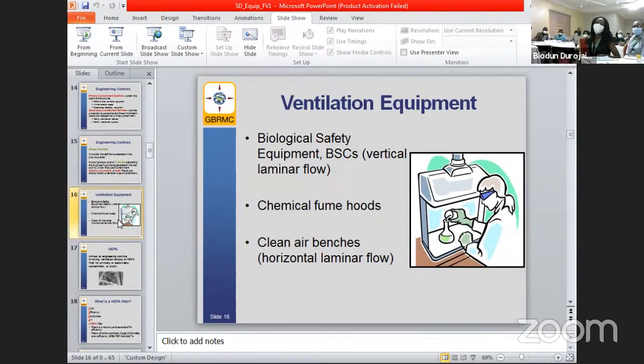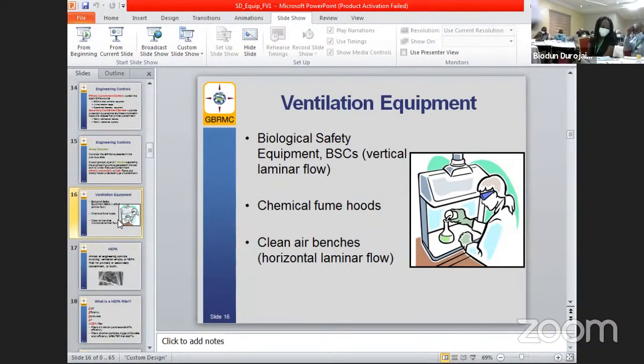One group did not place their own here. Two groups used the same color. Anyway, we have mentioned the safety cabinet, talking about ventilation equipment. We have mentioned laminar flow. We didn't talk about chemical fume hoods because we are talking about organisms.